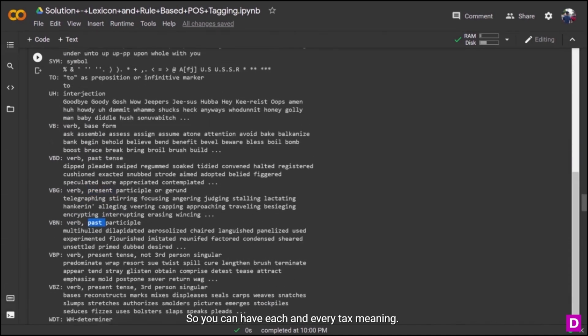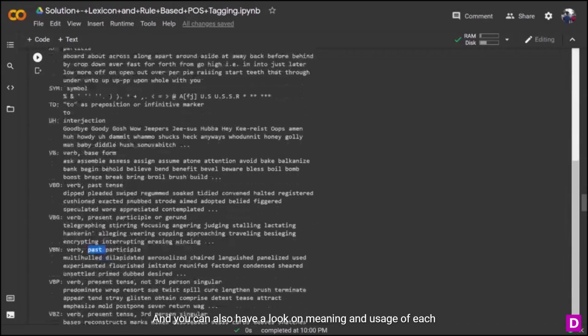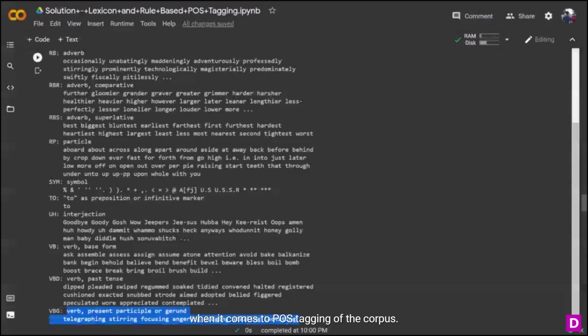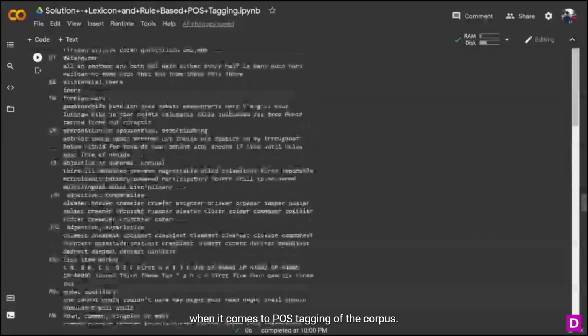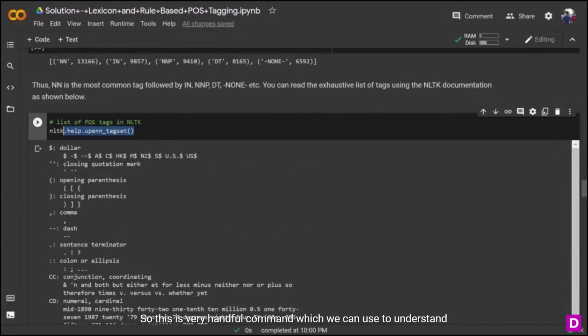You can see each and every tag's meaning, and also the meaning and usage of each word along with examples. This is a very wonderful handbook which we can refer to when it comes to POS tagging of the corpus. This is a very handy command which we can use to understand the different meanings of different POS tags.